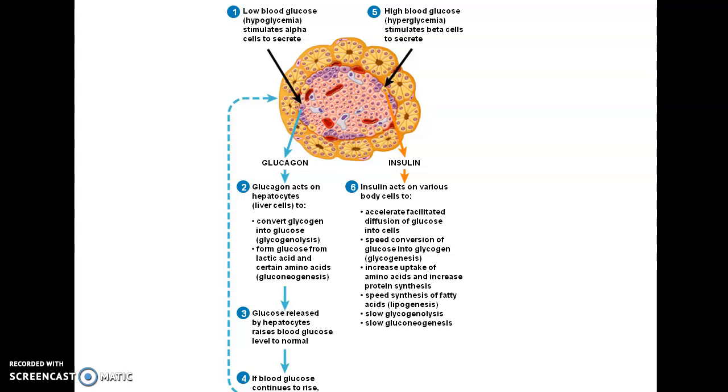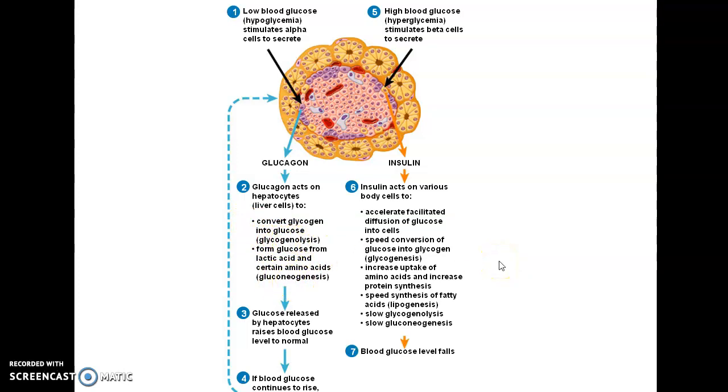Next, they increase the uptake of amino acids and increase protein synthesis, and they speed up the synthesis of fatty acid, that is lipogenesis. On the other hand, they slow down glycogenolysis and gluconeogenesis.